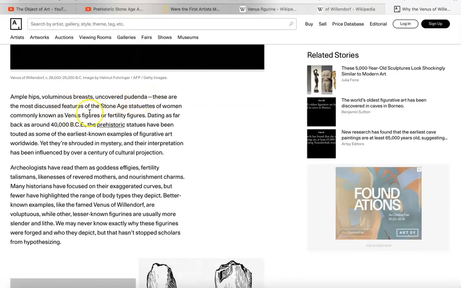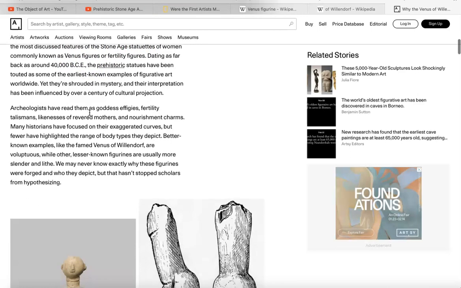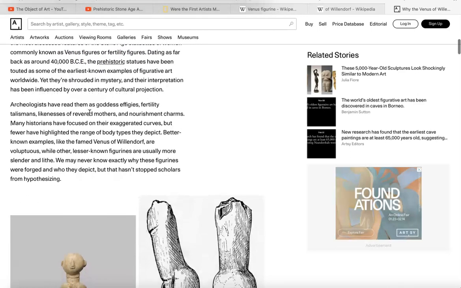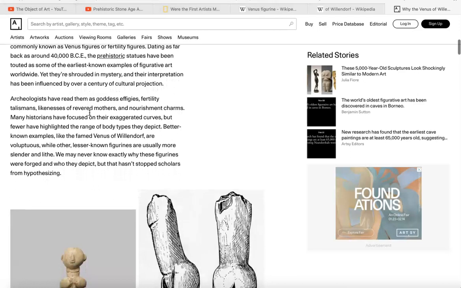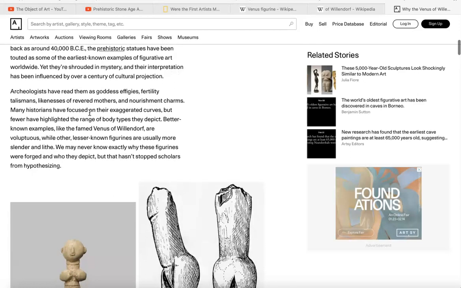These are the most discussed features of the Stone Age statuettes of women commonly known as Venus figures or fertility figures. Dating as far back as around 40,000 BCE, the prehistoric statues have been touted as some of the earliest known examples of figurative art worldwide. Yet, they're shrouded in mystery, and their interpretation has been influenced by over a century of cultural projection.